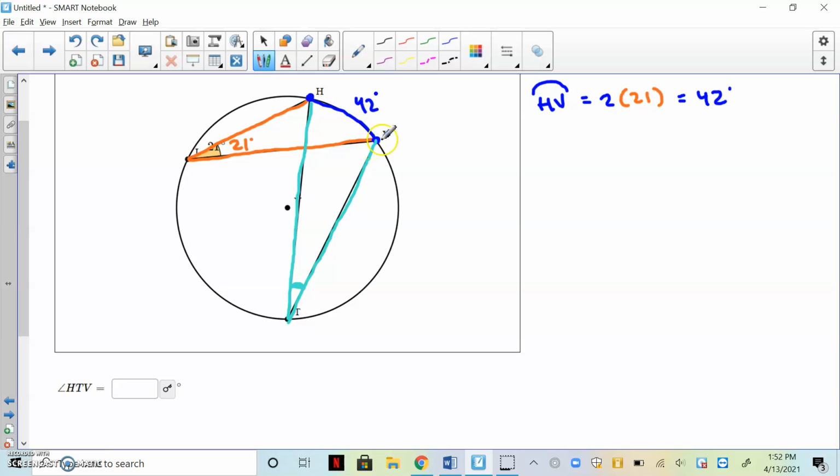But in any case, we found out what the arc was anyway. So in this case, we could just say, okay, well, this must be 21 as well because they share this 42 degree arc. Or you could once again say, okay, well, 42 divided by 2 equals 21. All right.